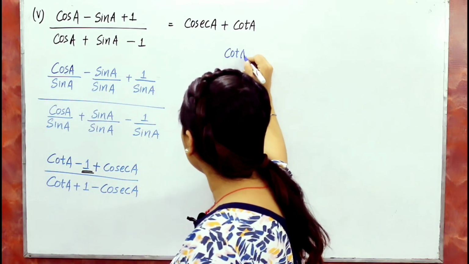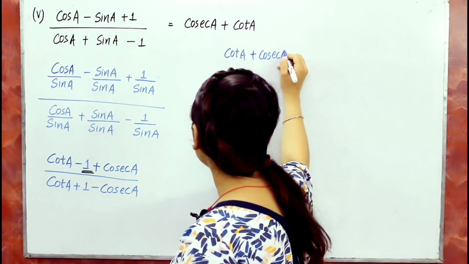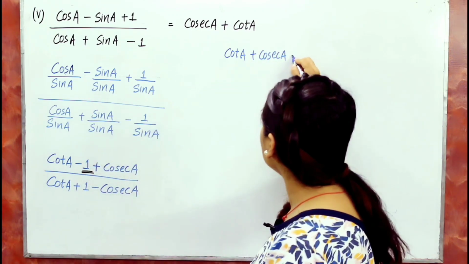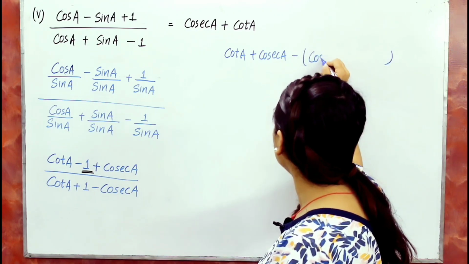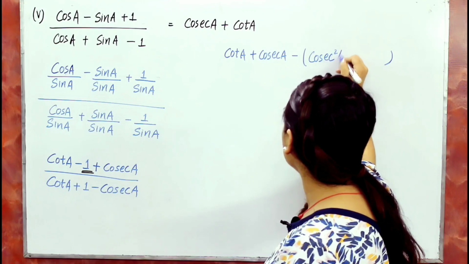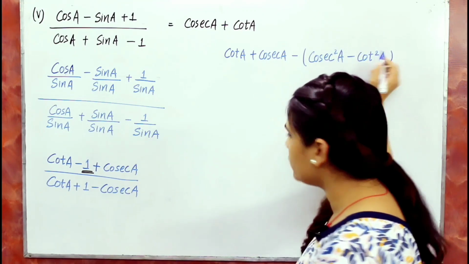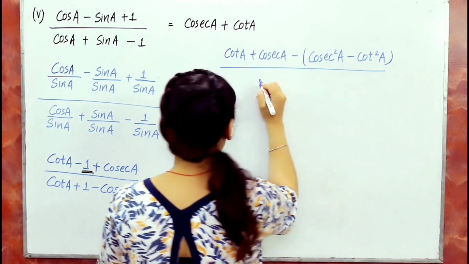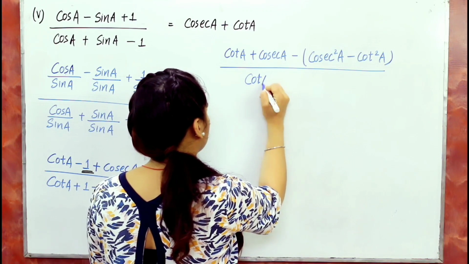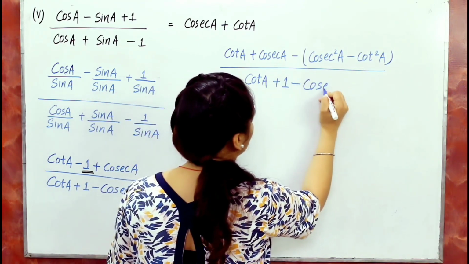Cot A plus cosec A will remain the same, and in place of 1 I will write the identity cosec square A minus cot square A, because this is also equal to 1, and there will be no change in the denominator: cot A plus 1 minus cosec A.